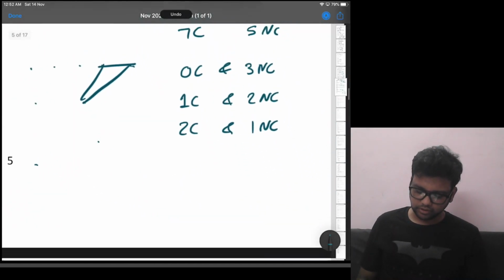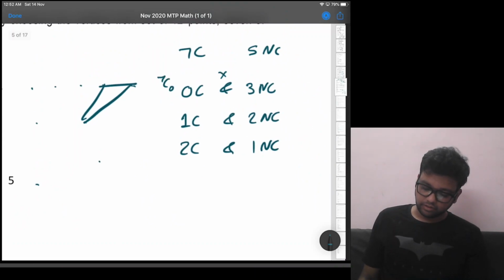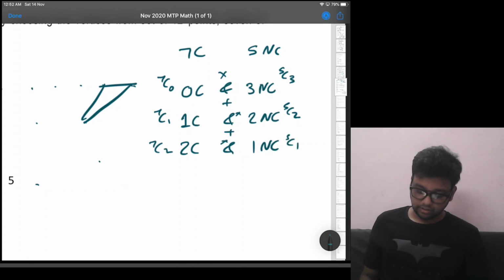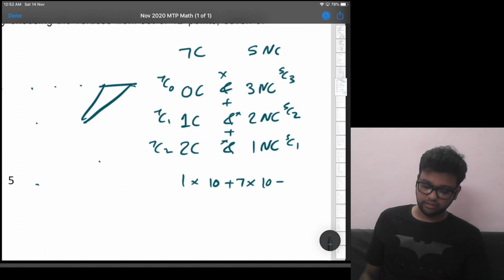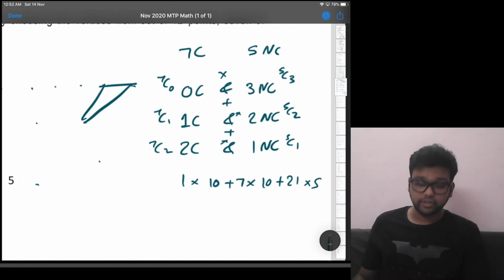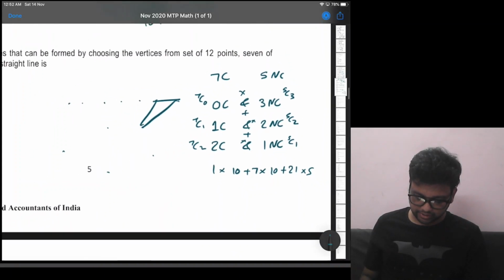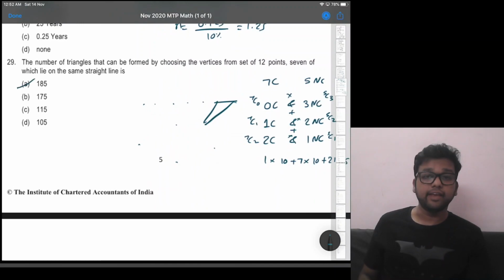So that will be 7C0 into 5C3 plus 7C1 into 5C2 plus 7C2 into 5C1. 7C0 is 1 into 5C3 is 10, plus 7C1 is 7 into 5C2 is 10, plus 7C2 is 21 into 5. Let's check. If you press MRC we get 185, which is option A.